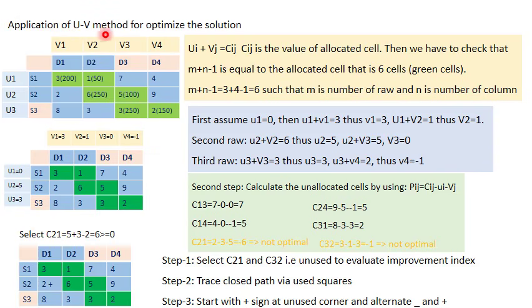Using the UV method to optimize the solution, we provide V1, V2, V3, and V4 above the columns, and we provide U1, U2, and U3. Ui plus Vj equals Cij, where Cij is the cost value. For example, C11 is 3.